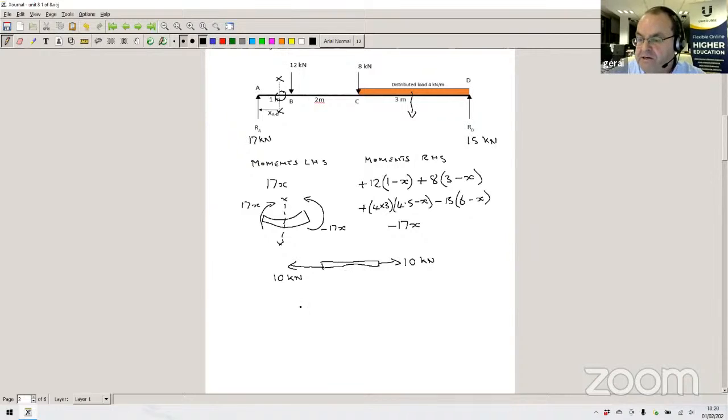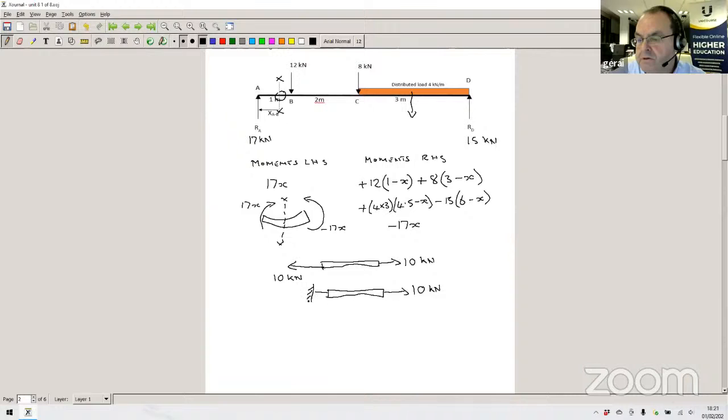However, it isn't. If we draw that again, we draw our beam and apply 10 kilonewtons in that direction, but I anchor it to something, say a wall.